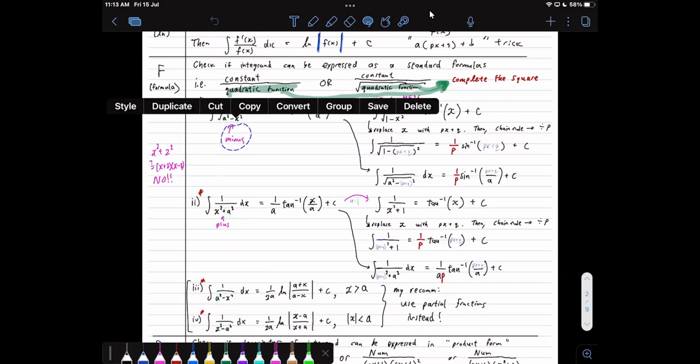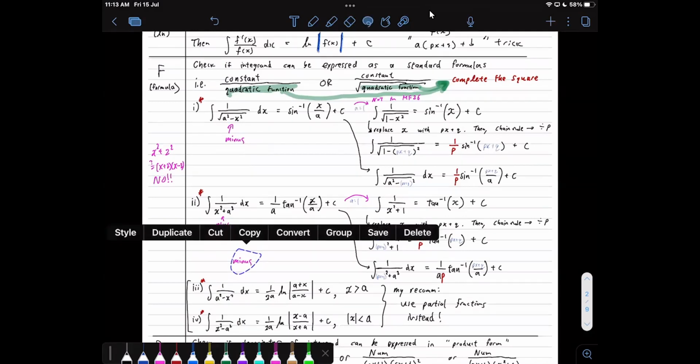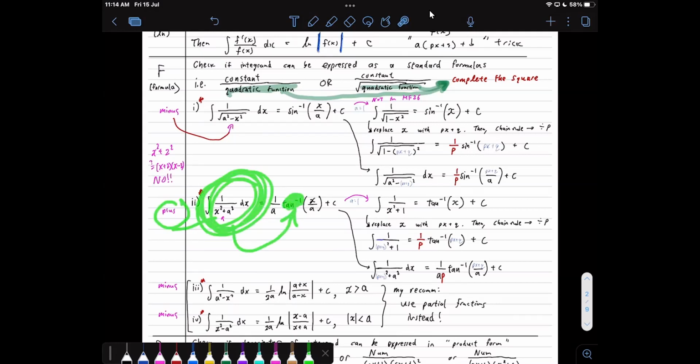Okay, odd one out. There's only one single plus. We should write down minus here, minus here, then I'll put a plus here, minus here. So you should know straight away. Plus, there's only one correct answer, which is tangent inverse. Clear?